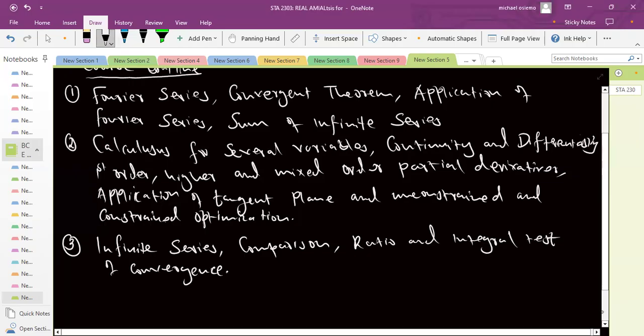Then number 4, we have power series. Here we have the radius of convergence.